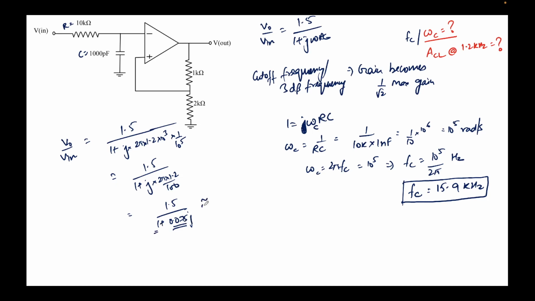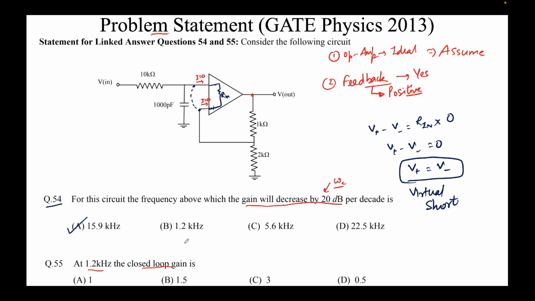In such scenarios we can neglect the real or imaginary part if the other is more than 10 times greater. Here 1 is greater than 0.075, hence the imaginary part can be neglected. So the closed loop gain at 1.2 kilohertz is approximately 1.5. Let's see if we have that option. Yes, option B is the correct one for this.